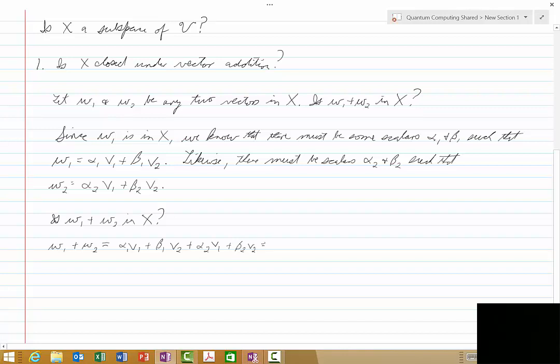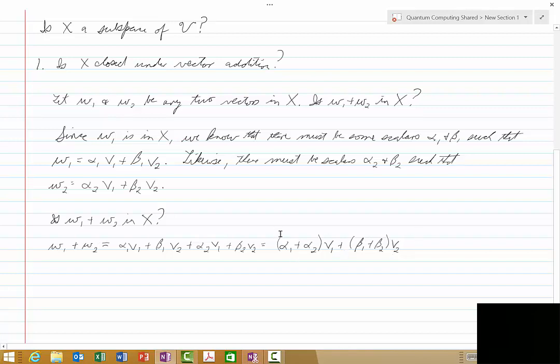And all of this can be regrouped as (alpha 1 plus alpha 2) times V1 plus (beta 1 plus beta 2) times V2. So W1 plus W2 can be written in this form.